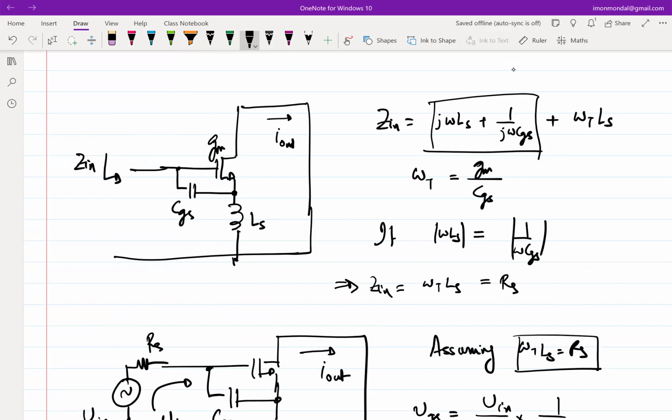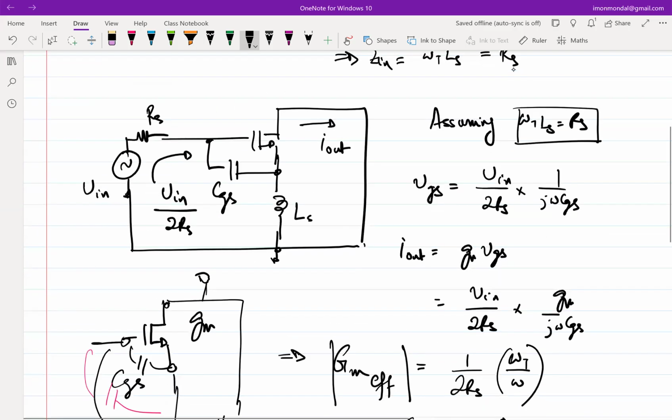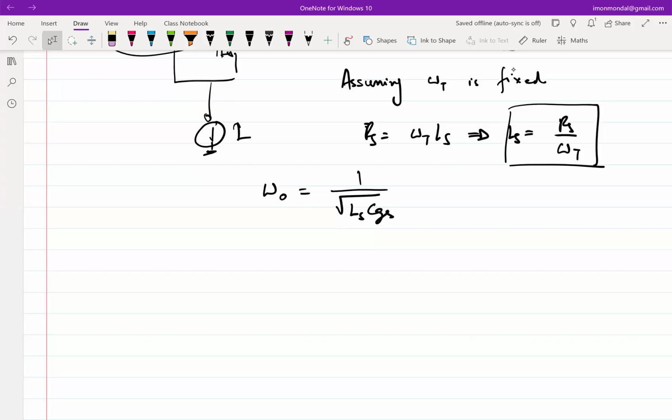So essentially, the resonance will happen at 1 over root of Ls times CGS. Correct? And there is no guarantee. In fact, this is not in your control anymore, because your Ls is Rs by omega T times CGS, right?